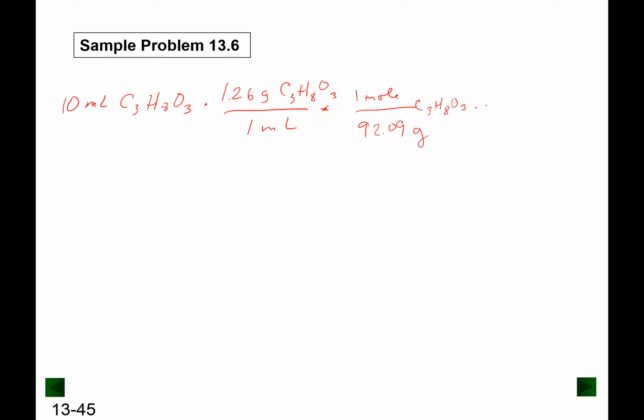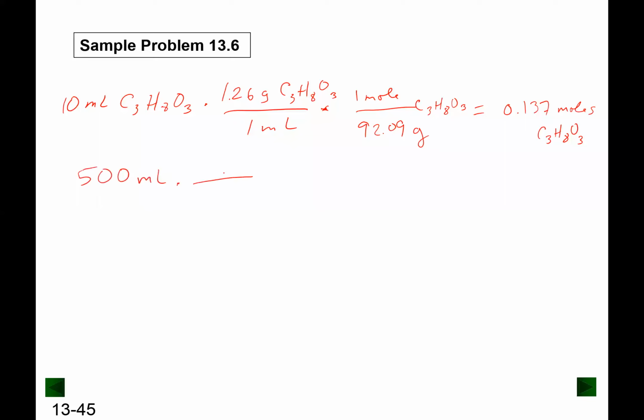And so if we carry out this calculation, we get 0.137 moles of our C3H8O3 glycerol.